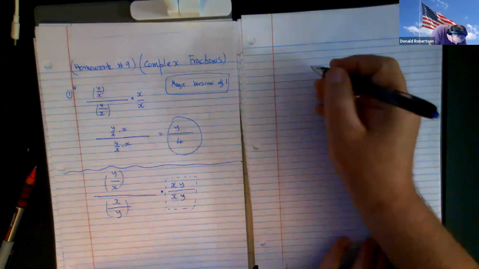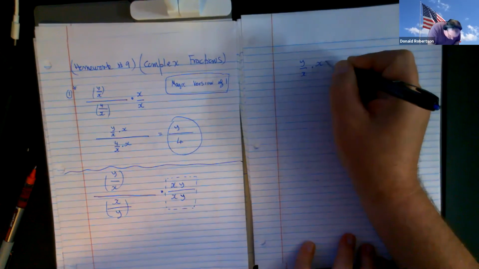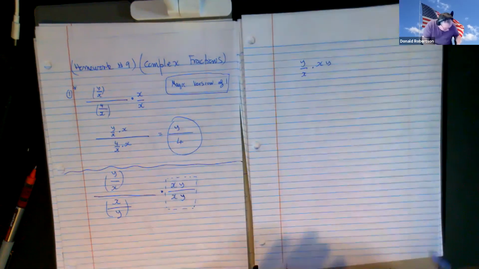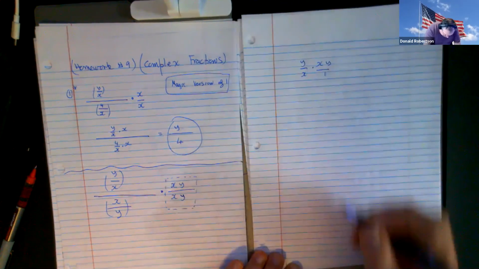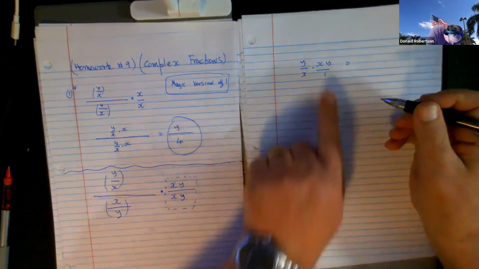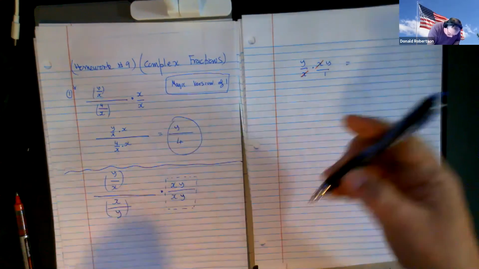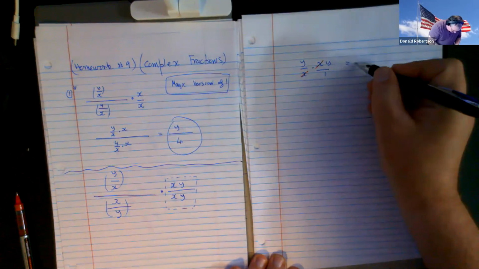So I'm going to take this top guy, and if I put a little 1 over it, I don't know if that helps. What do you get if you multiply this guy by that? Well, won't the x's cancel out? And won't you get y times y, which is y squared over 1? Don't you get y squared?